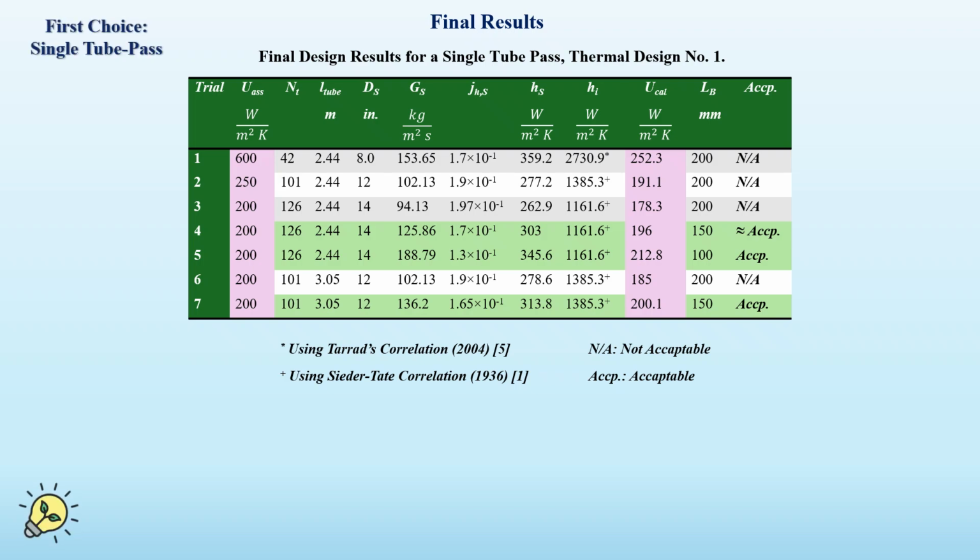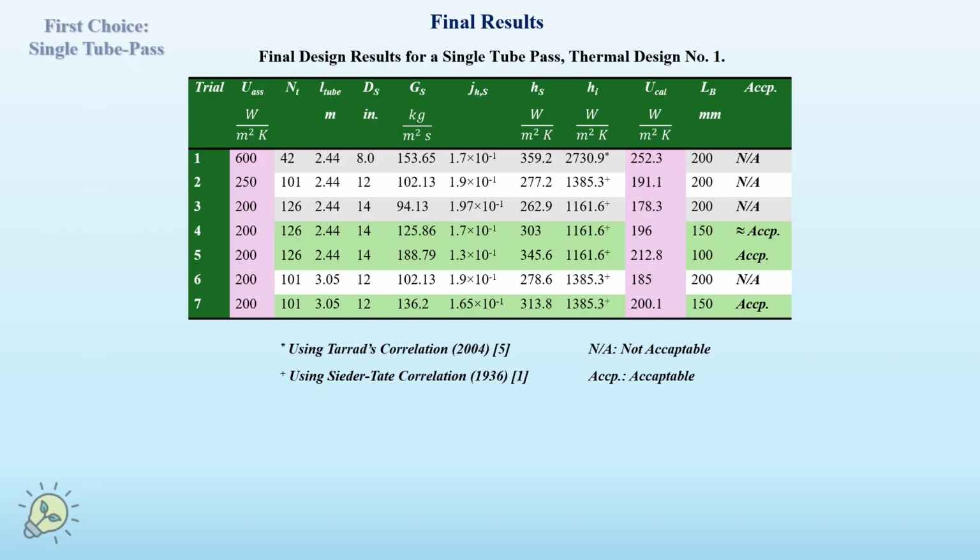For example, when we assumed U naught as 250, we calculated a value of 191.1, which is far from the assumed value. Then we went to 200, we got 178.3. Of course, we have to pay attention to L sub B, which represents the buffer spacing. It was fixed at 200.